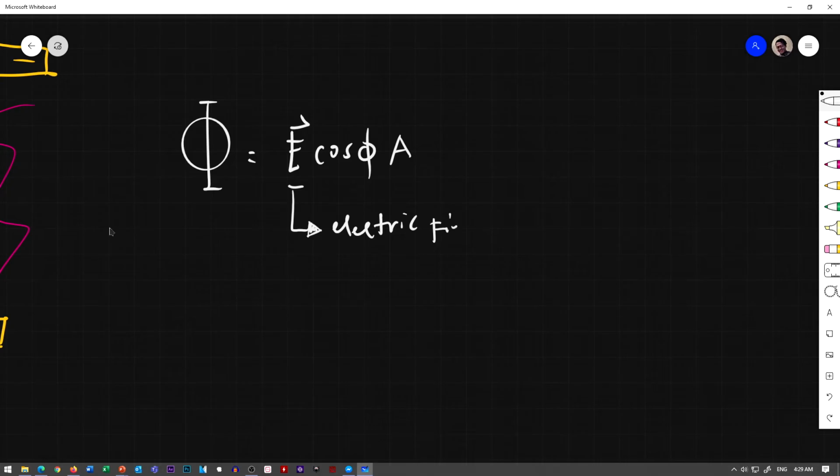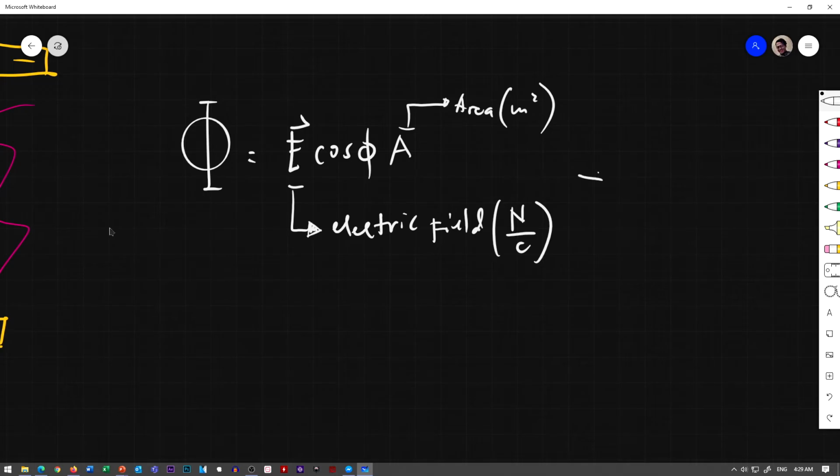The unit is in Newtons per coulomb. Then A, of course, is the area of the surface, which has a unit of meter squared. So as you can see, since this is multiplication, the final answer would have the unit of Newton meter squared per coulomb.